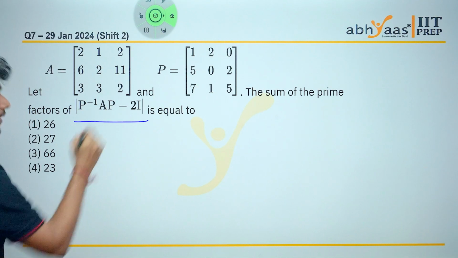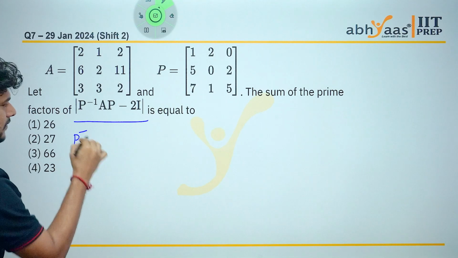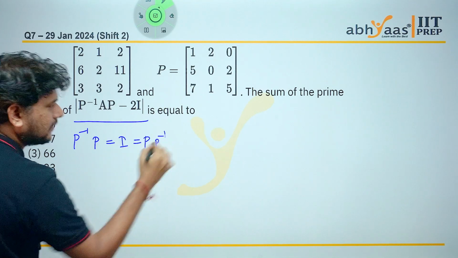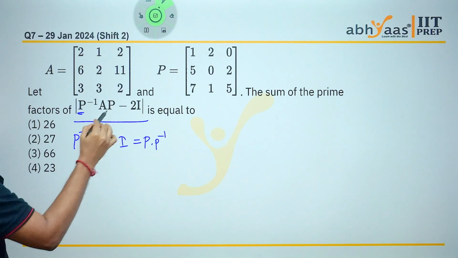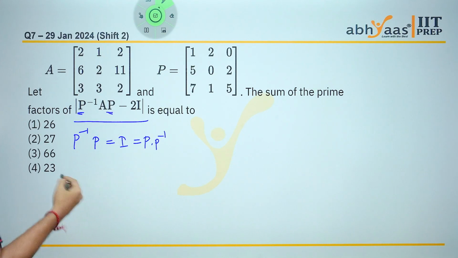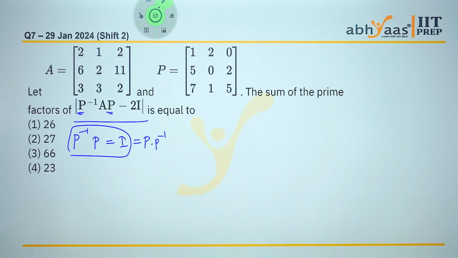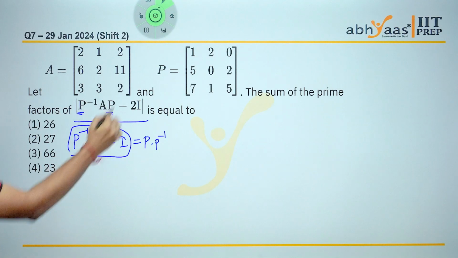We know P inverse P is equal to I equals P into P inverse. Here he has given P inverse and P, so I took the P. Normally we write A inverse into A. So taking P as P inverse into P, because P inverse P, right?